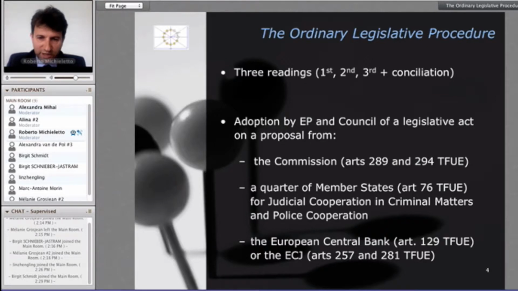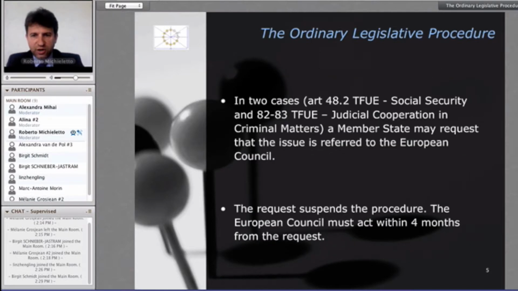Actually, for the ECJ, I only remember once, a statute of the Court of Justice, so this is the only proposal, if I'm not wrong, we received from the Court of Justice.